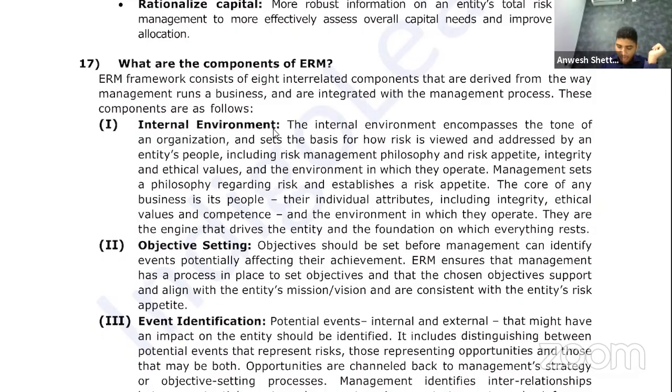So we are going to talk about the components of ERM. Components means parts. The entire thing put together, we call it ERM, but you can divide it into 8 pieces, and all 8 pieces put together, you call it ERM.